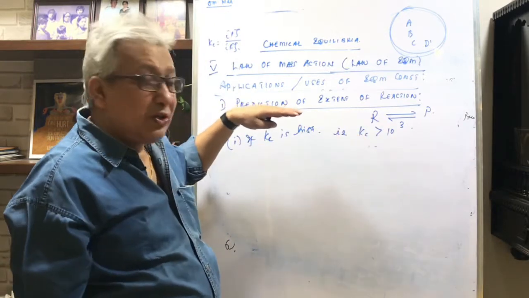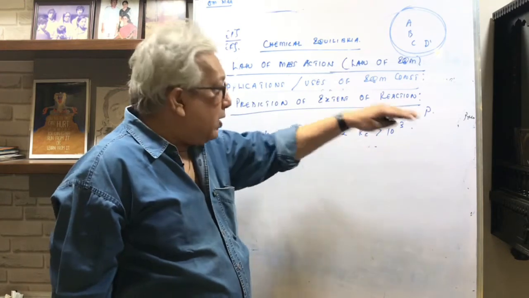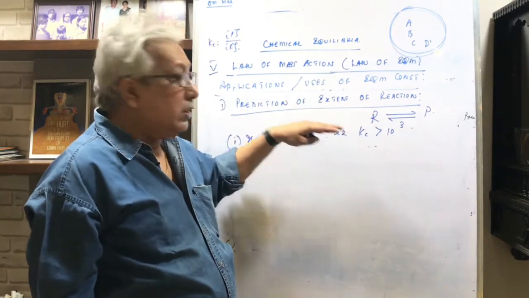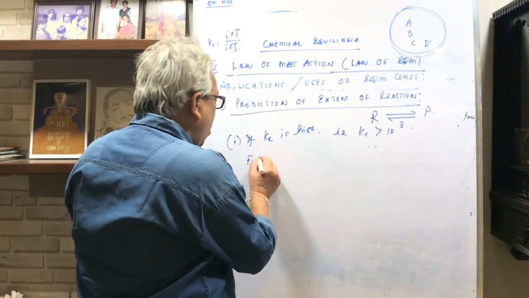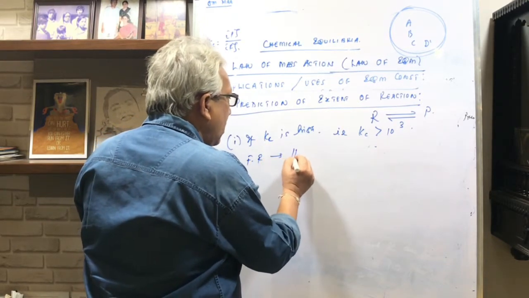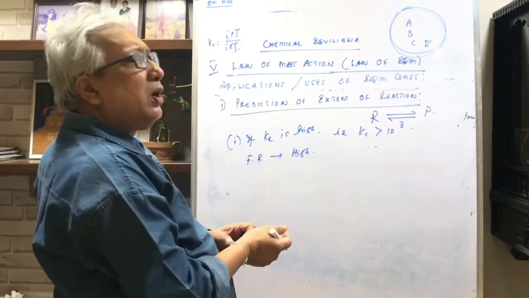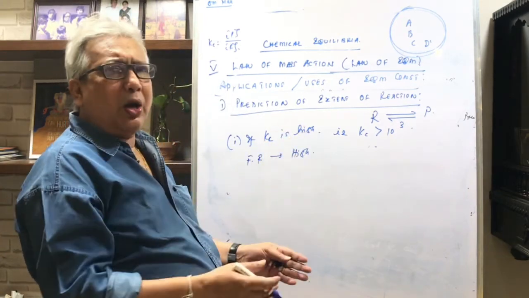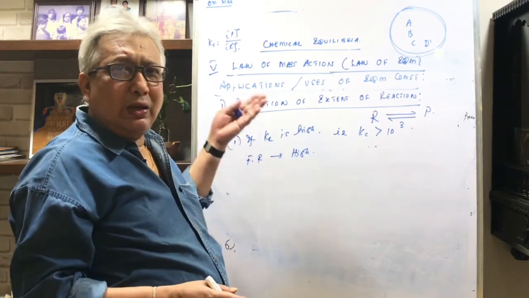That means reaction has gone more to form product, and that means the tendency of the forward reaction will be very high, and in this case you will get a large amount of product, and the remaining amount of reactant will be very, very less.